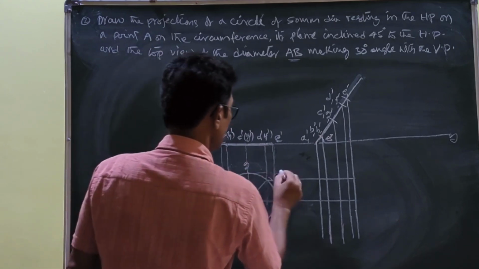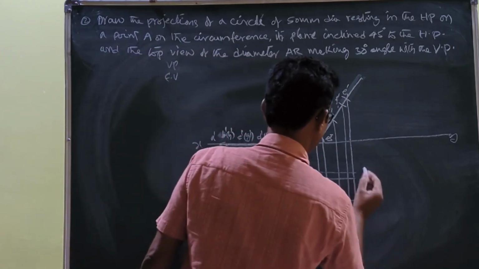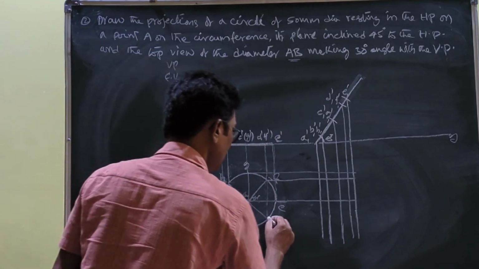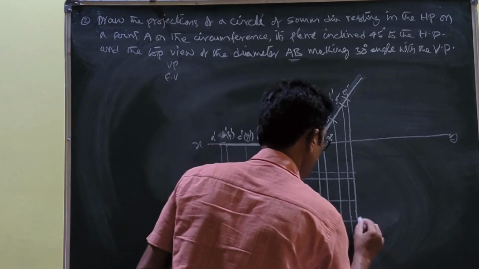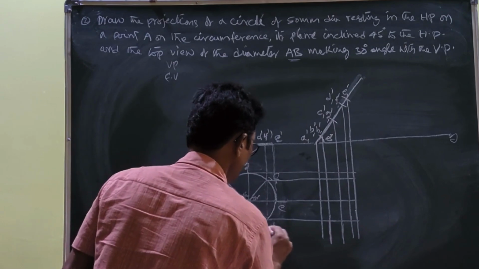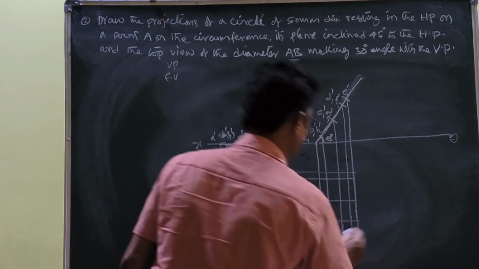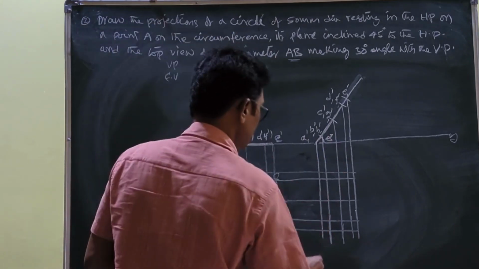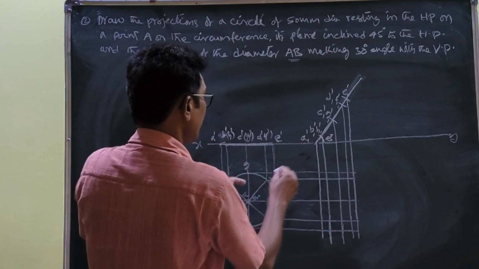Through G you draw a projector. B and D passing through the same line, you draw a projector in horizontal. Through C you draw a projector. Once you draw the projectors, you identify the points.